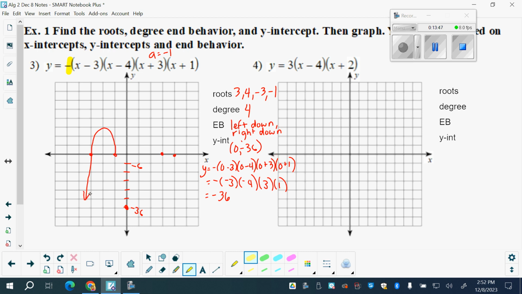The next curve, I have to go down, but I have to go through my y-intercept. And then one curve up to the next root. One curve from this root to the next one, and then I end down. Any questions on that?